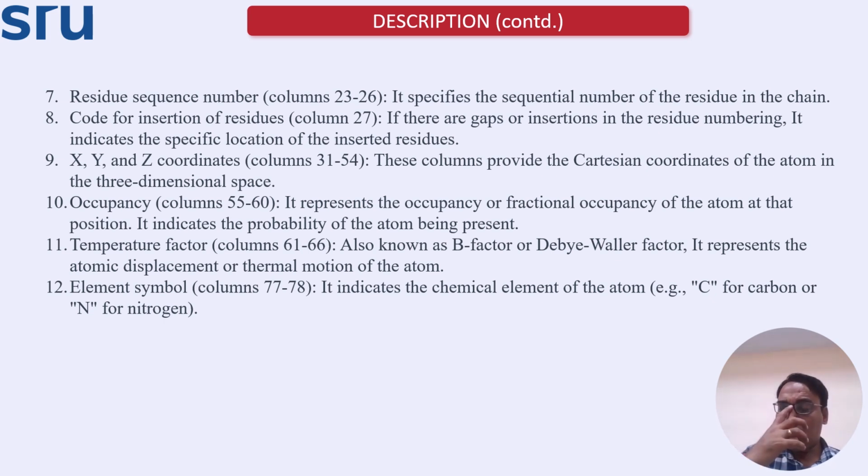So if we are looking for a conserved part, we need to skip such atoms and take the other atom if two different atom positions are there. Element symbol, lastly, what is that element.